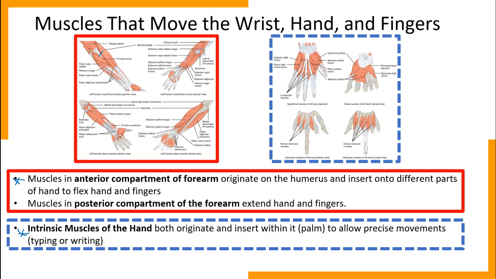And if you imagine those muscles contracting, then you know that when they become shorter, it allows your hand and fingers to flex. Similarly, you touch the posterior compartment of your forearm and you imagine those muscles contracting, becoming shorter, then you know that it extends your hands and fingers. We've also got intrinsic muscles of the hand within the hand that allow us to type, write, text, and all that kind of stuff.